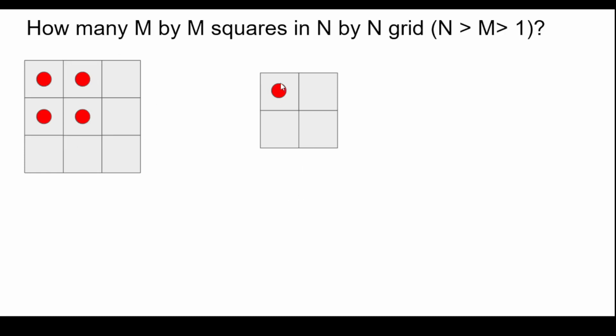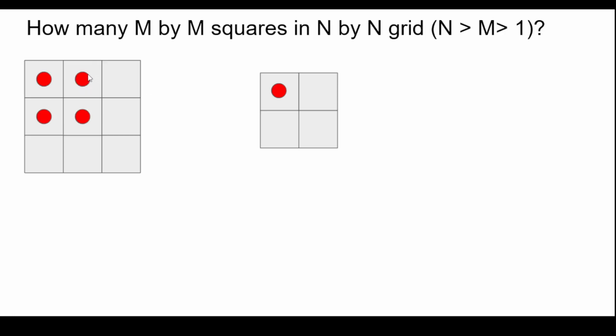And so we know for each red dot, basically each square that we can dot in while being able to then draw the rest in, that will be a square that fits into the n by n grid. For example, here we're making a 2 by 2 square, so we know that there's 4.